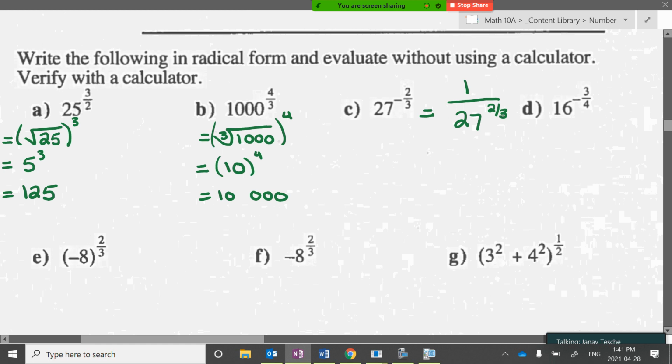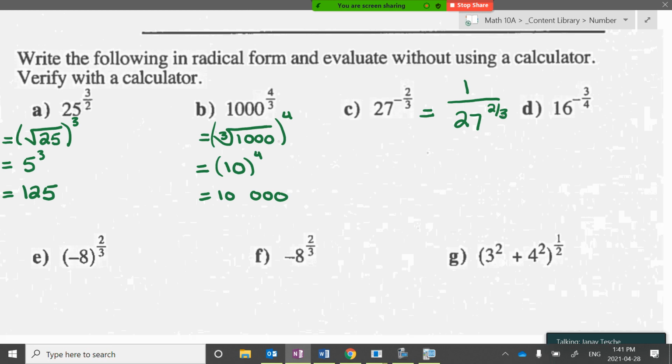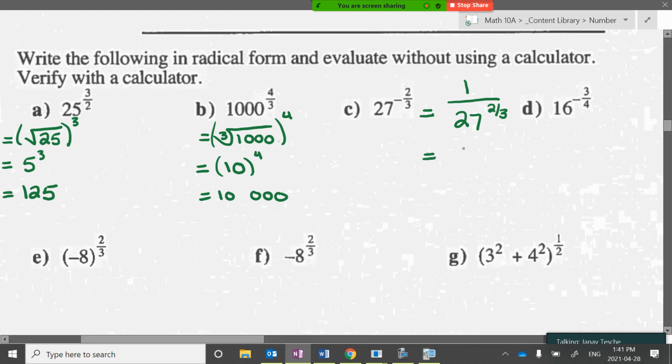So I have to move it to my denominator. Now it's happy. My exponent's positive. So now I can deal with that fractional exponent. That's going to become the cubic root of 27, and then that answer is squared. Cubic root of 27 is 3. 3 squared is 9.